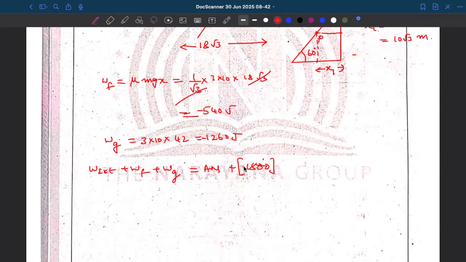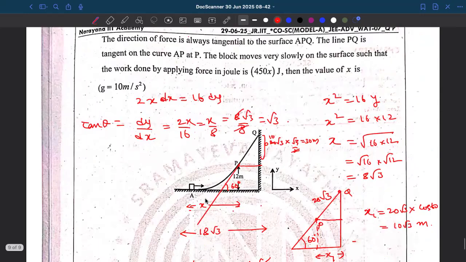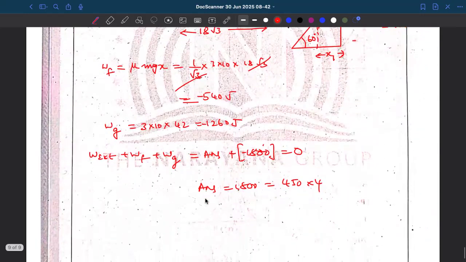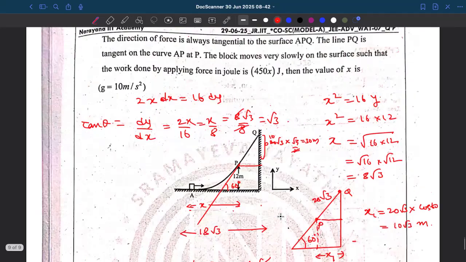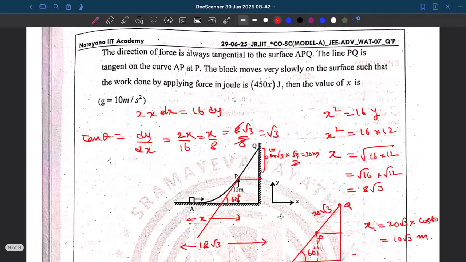So answer minus 1800 is equal to 0 because there is no change of K. So your answer is 1800. This is 450 times 4. Got the point? Sure? So therefore answer ఏం కావాలి? 4 కావాలి. వాడేమి ఇచ్చాడా? 4 ఇచ్చాడా?